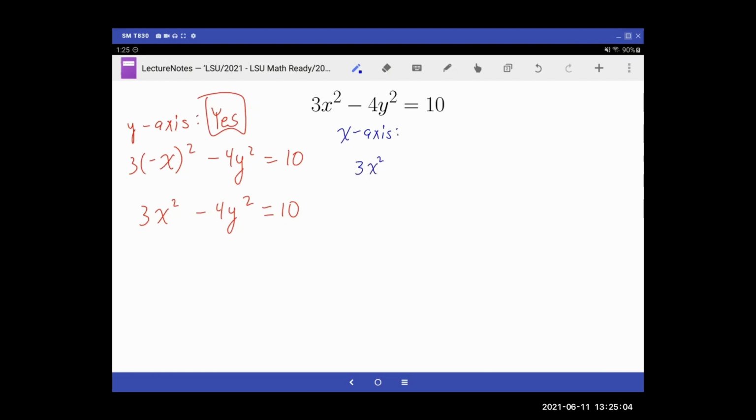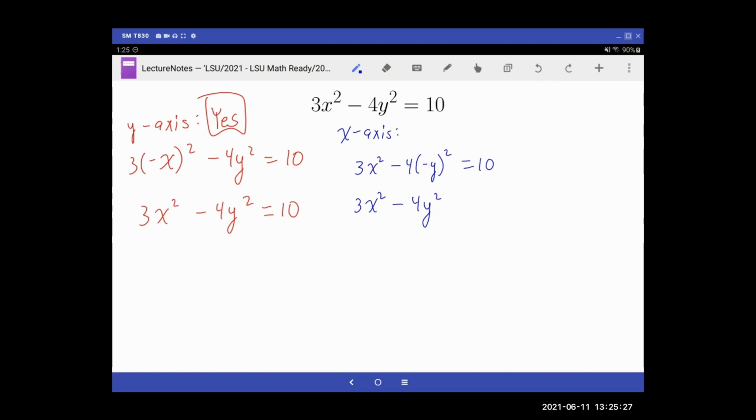X-axis, you leave the x alone and you change the y. Negative y squared is going to become positive. So notice the minus sign is going to stay, right? There's a couple ways you can think about it. This became a positive y squared. The negative 4 was not impacted.